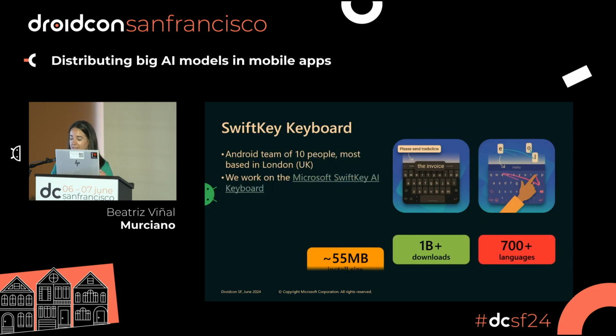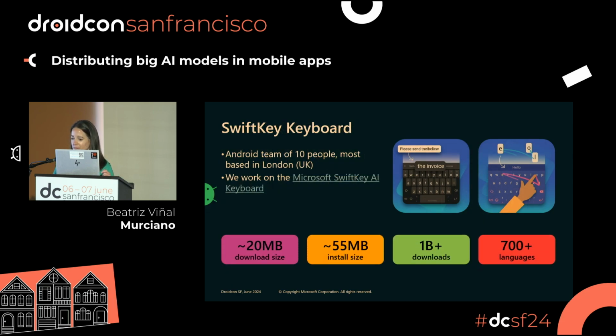The Microsoft SwiftKey AI keyboard, which I will call SwiftKey from now on, is, as the name says, a keyboard. It lets you type by tapping on the letters one by one, or by moving your finger over the letters like you saw in the video. It lets you do that in over 700 languages, and in up to 5 languages at a time.